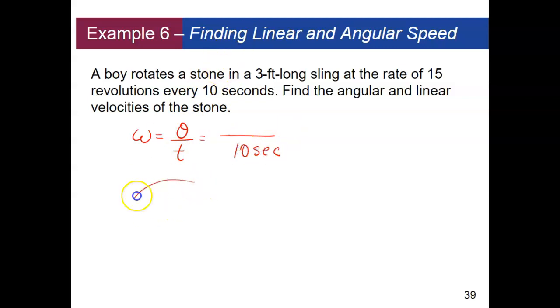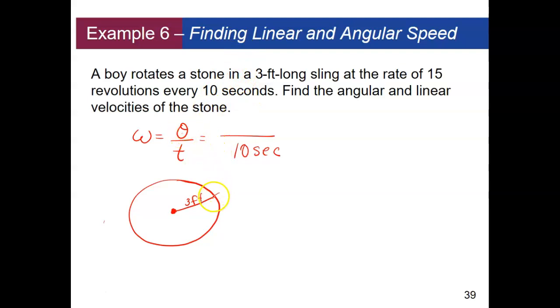And here, if we think about this, we've got this boy standing in the middle, and he's got a 3-foot long sling, and he's going around this 15 times. Okay, so if he goes around it 15 times, when you're looking at angular speed, he's going 15 revolutions every 10 seconds.